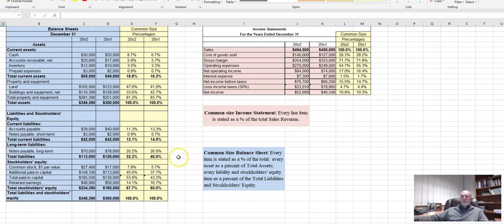Just as one illustration, total liabilities were 40% of the total assets in year one, and 32.3% of the total in year two. So we can see that total liabilities as a percentage of total assets is coming down.